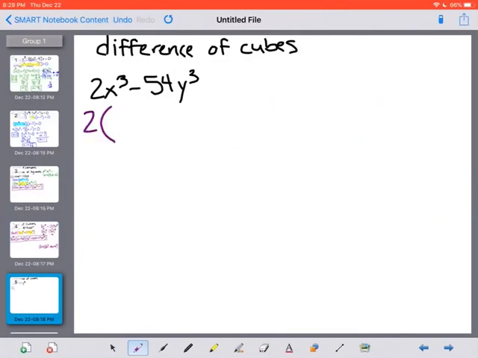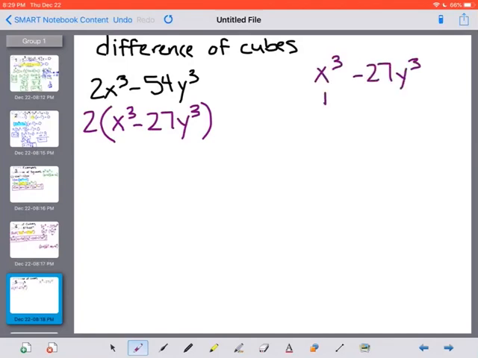When I factor that out, I'm left with x cubed minus 27y cubed. So again, I want to break that down. This is going to be x. And the cube root of 27 is 3. So I have 3y, cubed.